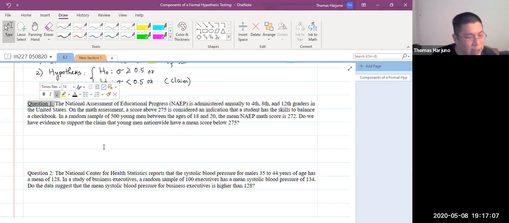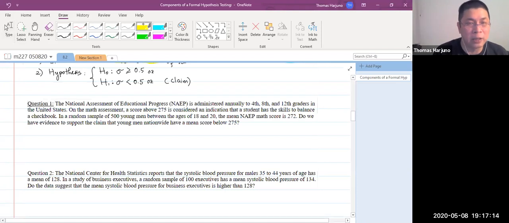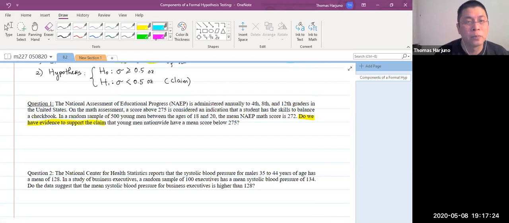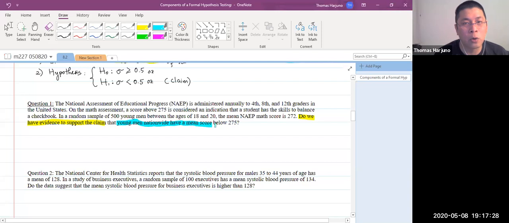Now, notice that they don't provide the claim in a statement, but they provide the claim in a question. Do we have the evidence to support the claim? What claim? Young men nationwide have a mean score below 275.